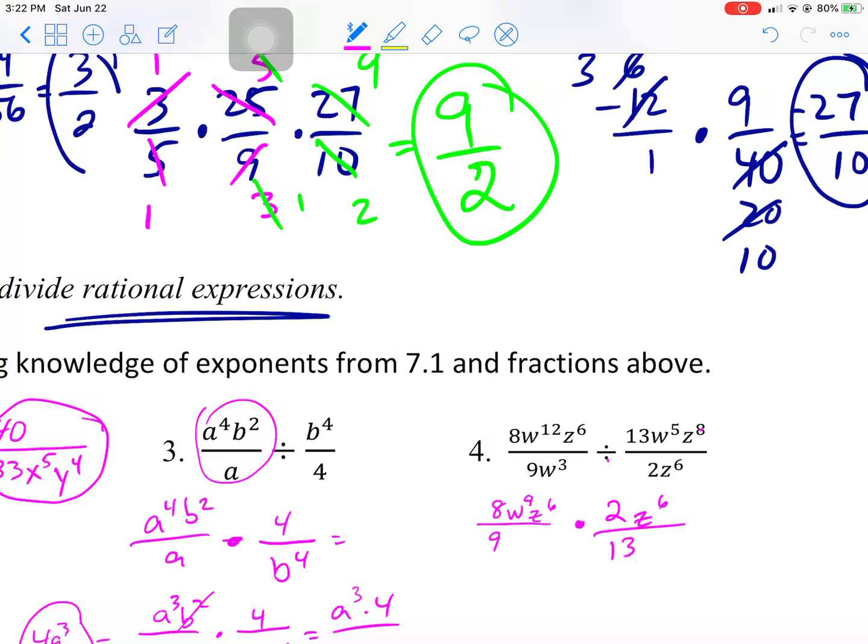Because apparently I can't flip it and take care of the z's at the same time. So let me flip it first. And then how many z's do we have altogether? We have 6, and 6 is 12, minus the 8. You see that? We have z to the 6 plus 6 minus 8.